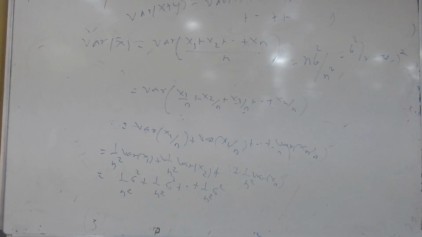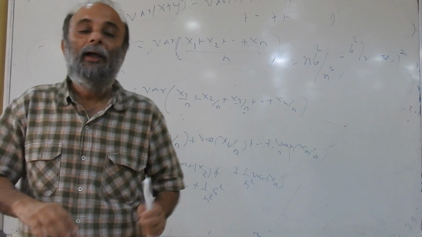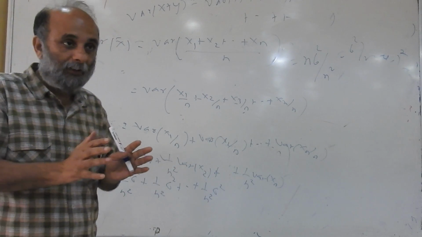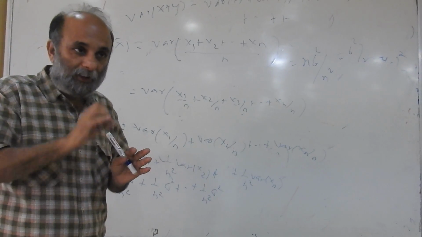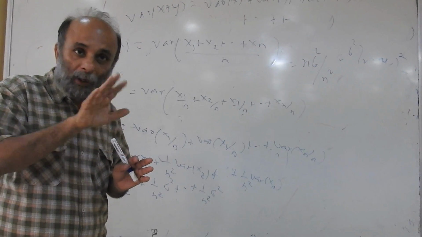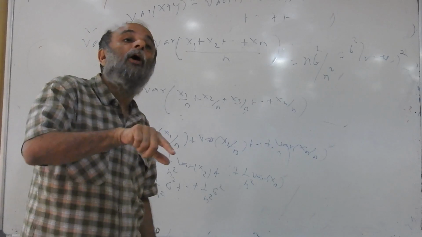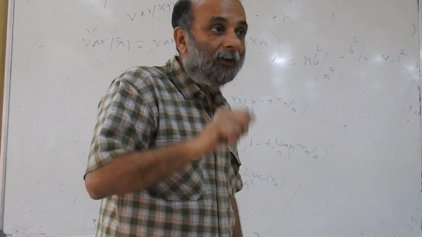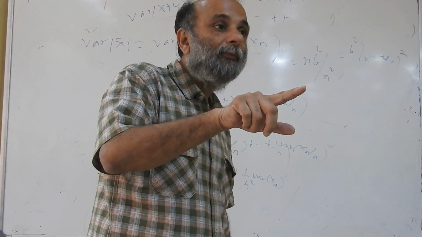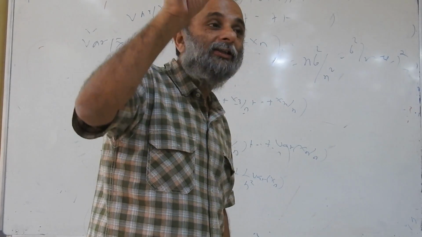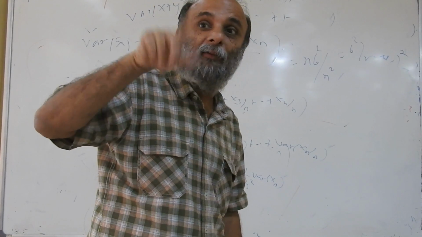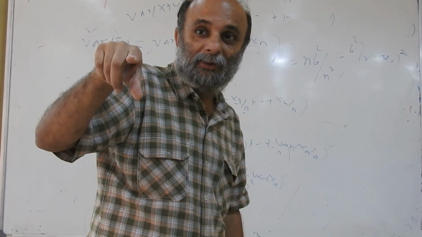So what we are saying is, if x bar is a sample mean of size n coming from a population with mean mu and variance sigma square, x bar will be normally distributed with the same mean mu but variance equal to the population variance divided by the sample size.